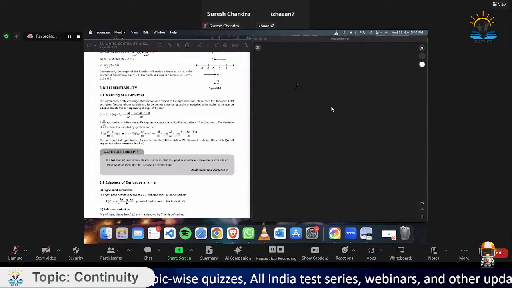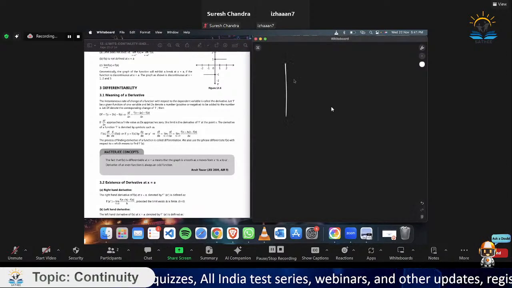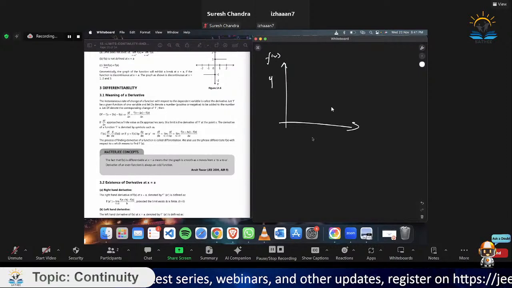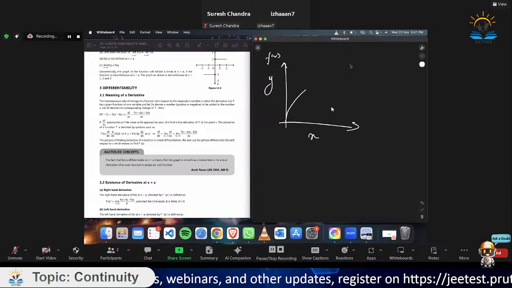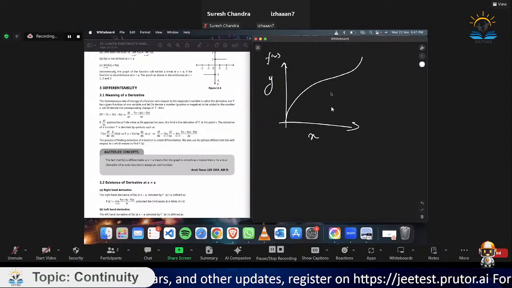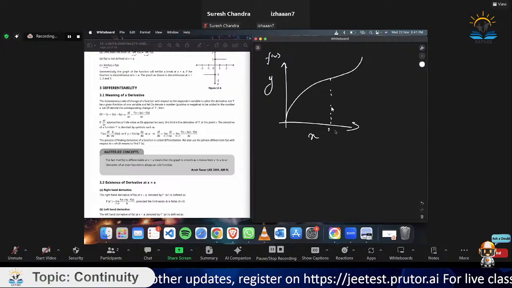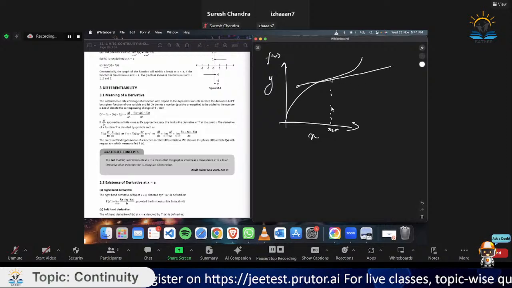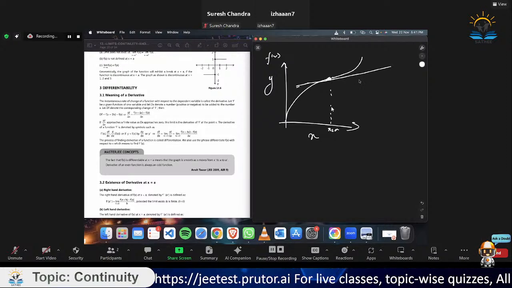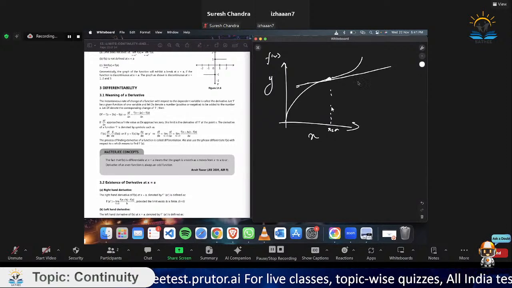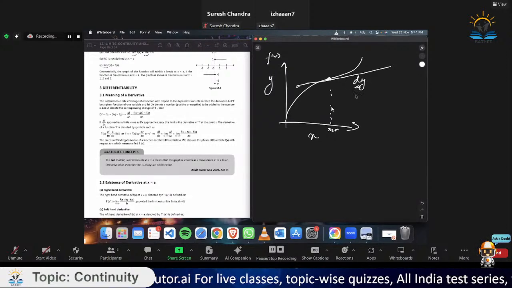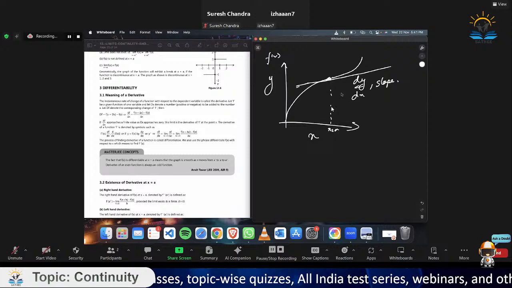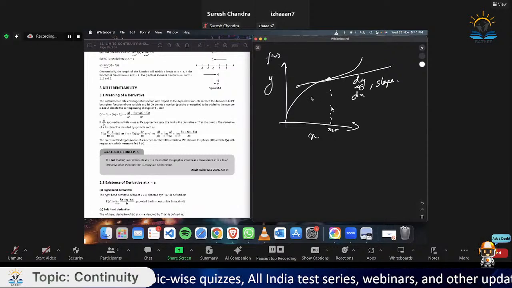In the most simple way, I'll just tell you: for a function f(x), if you make a graph y versus x, it is something like this, and at some point x equals a, you just slice a tangent. Suppose that this is a tangent, right? So if you slice a tangent over there, that is what dy by dx is, or you can say slope. This is the derivative. This is what you mean by derivative, right?